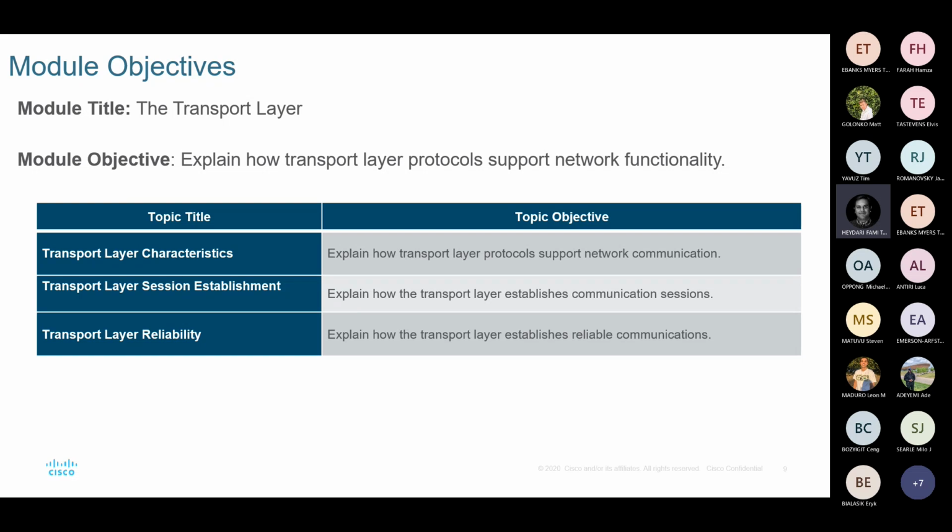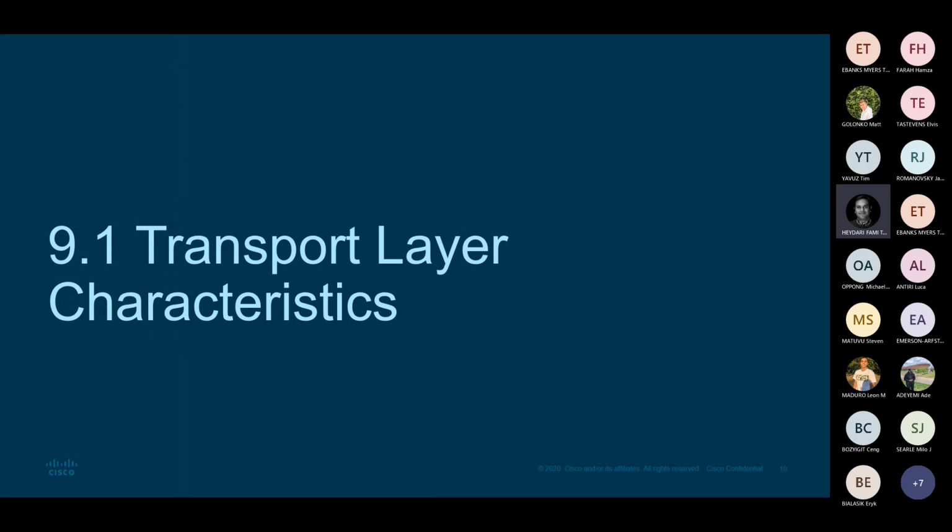So how it enables network communication, in the sense of how we are going to establish sessions with TCP, or how we are going to take care of reliability of communication, again thanks to TCP, or how we are going to ignore reliability but care more about speed, thanks to UDP. This is what this chapter is going to talk about.